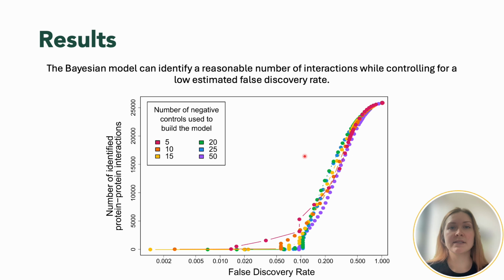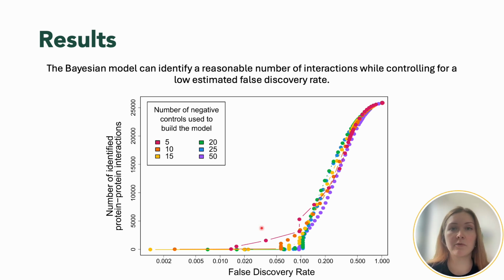To quantitatively assess the modeling, I compared model performance based on the number of control experiments used. So looking between 5 and 50 randomly sampled controls, I built models and then predicted contaminant interactions from separate experiments. This was repeated 50 times, with the average performance being shown here.